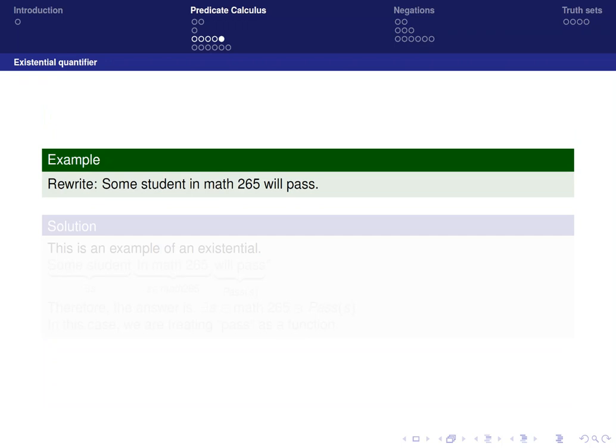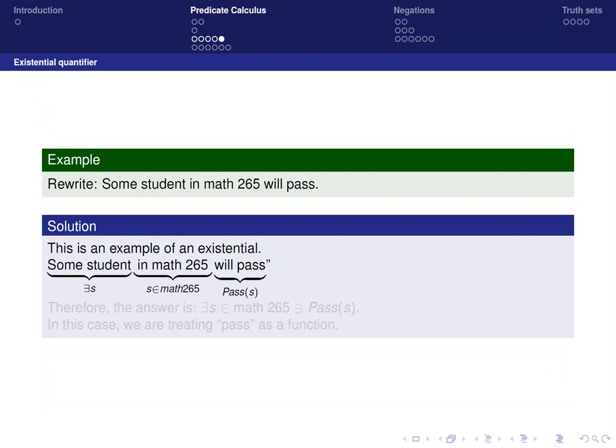Okay, some students in Math 265 will pass. Again, this is an example of an existential because I'm saying the words "some student." The domain is a person in Math 265, and the predicate is that that person will pass. So one possible solution is to write there exists S in Math 265 such that pass(S).